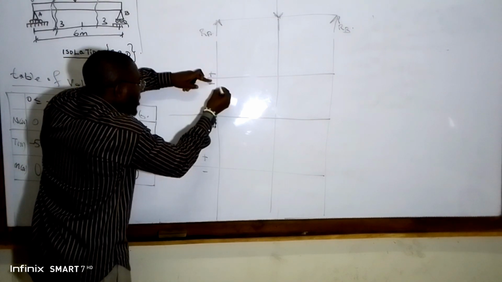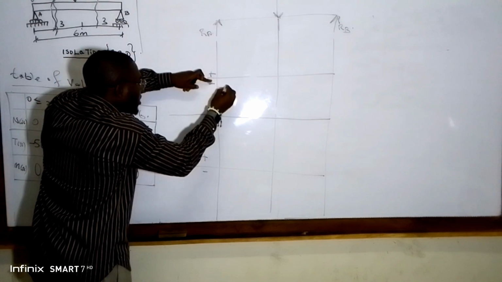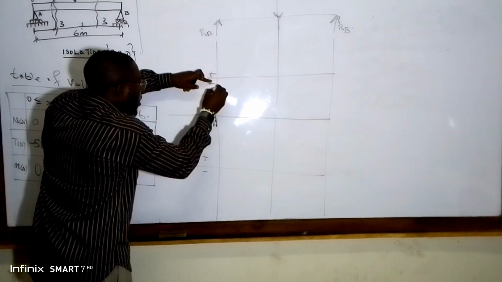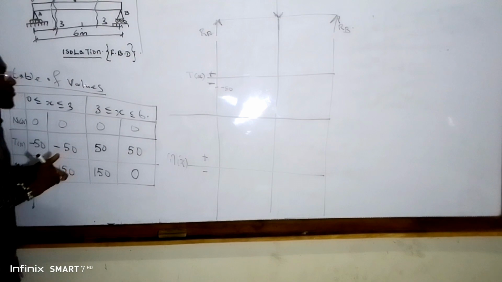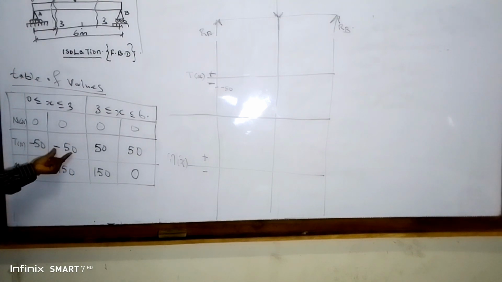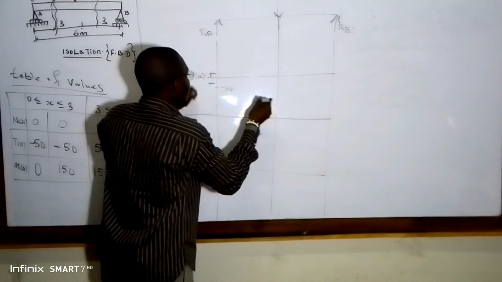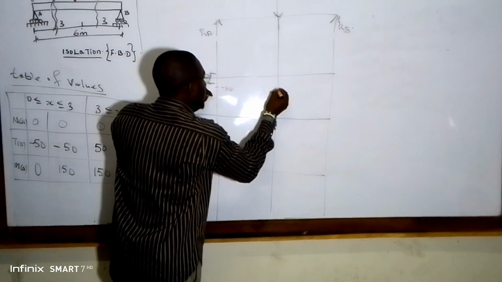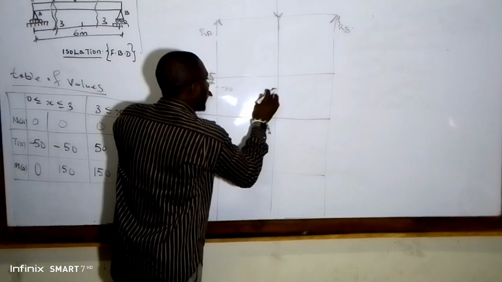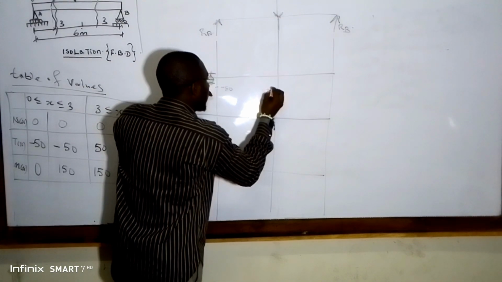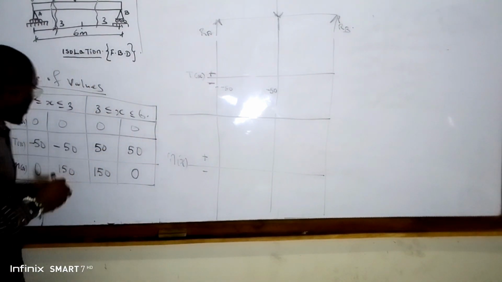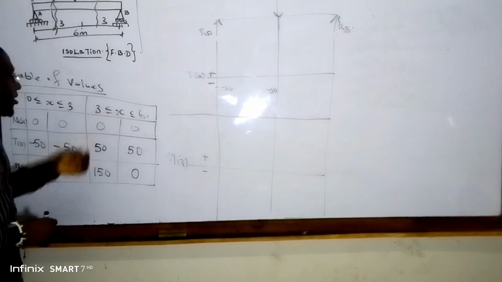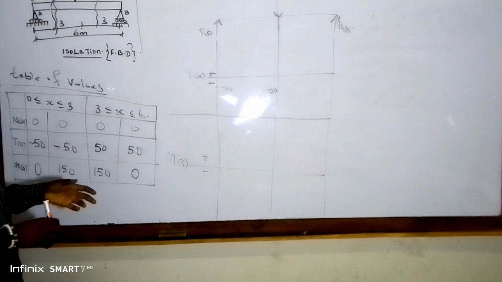At this point we have negative 50, and here we have negative 50 again, and here we also have negative 50.